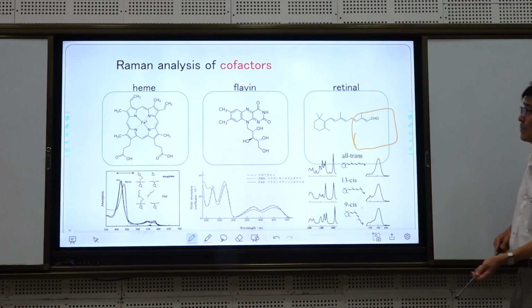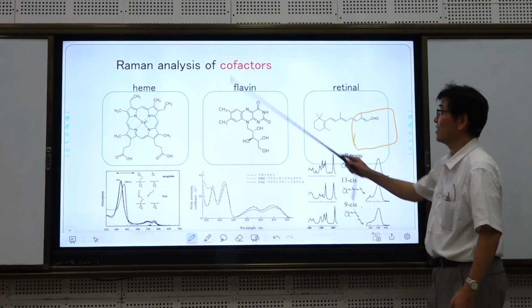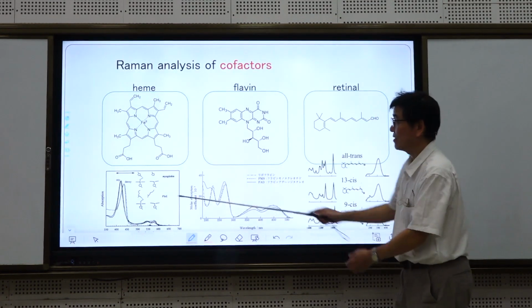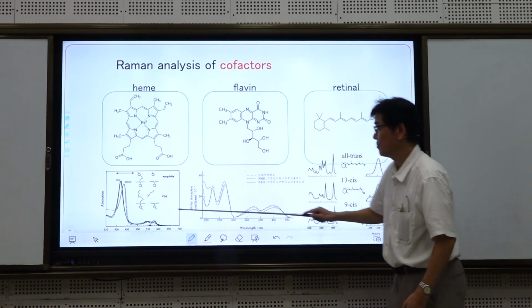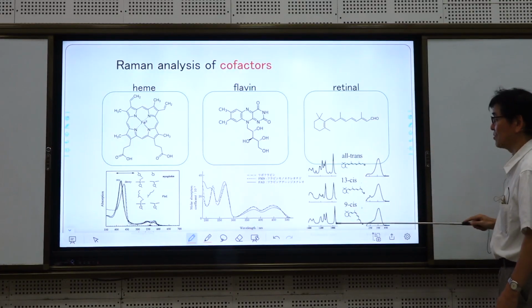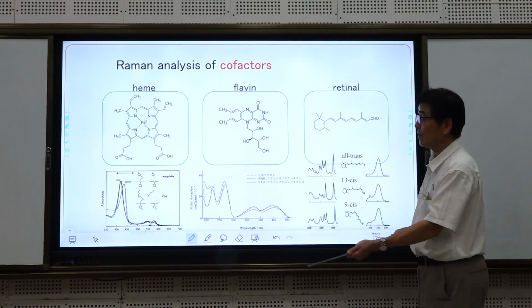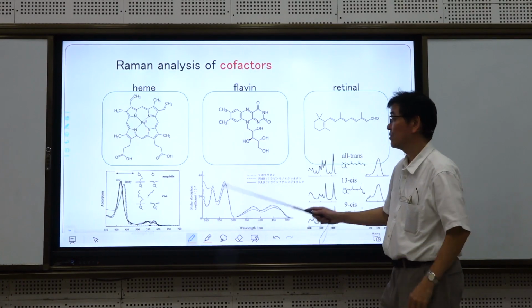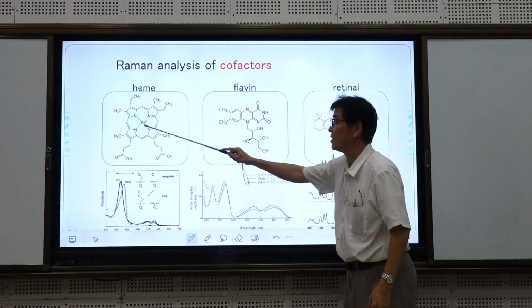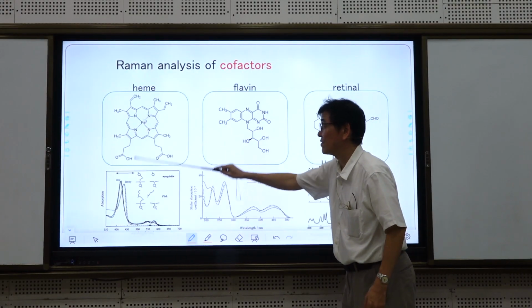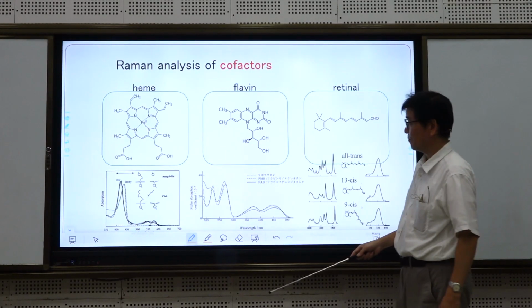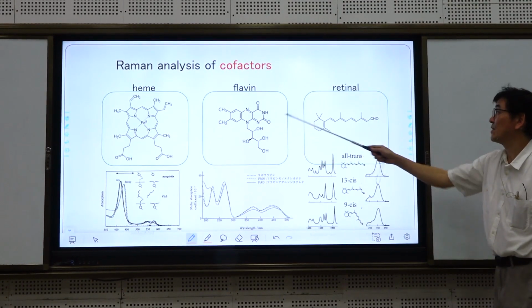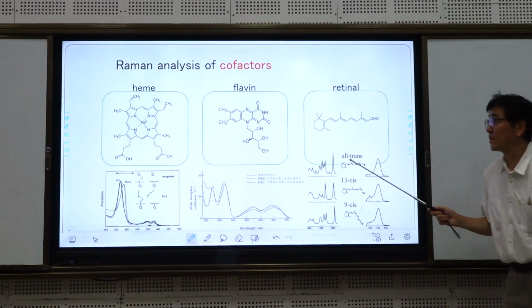In this case, resonance Raman spectroscopy is available. Heme, flavin, and retinal have absorption in the UV or visible region, so we can tune the excitation wavelength to achieve resonance enhancement. Okay? So they are well-studied cofactors.